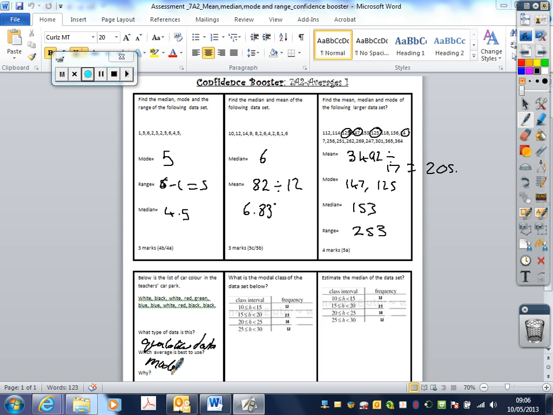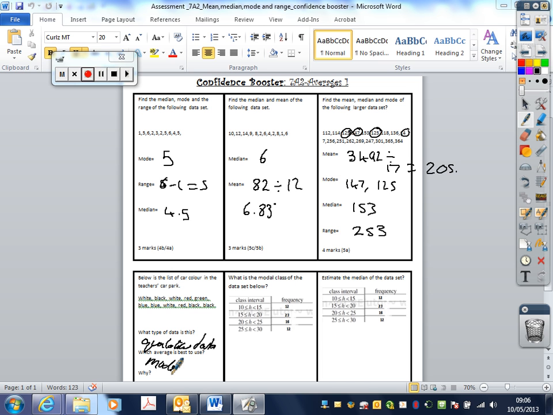You can't use the median or the mean. If you say you can't use the median or the mean, or the mode is the only one you can use, you get that extra mark. That gets you your 4th mark. You can't divide colours, that's the same. Anything to do with that, you can't add colours, so you can't use the median or the mean. That gets you that mark.